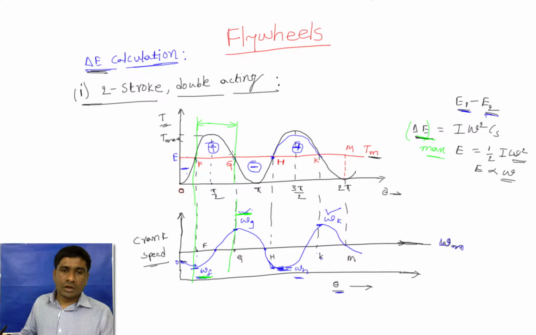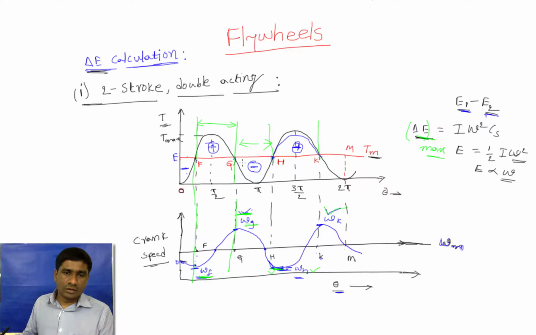Or if the minimum velocity is at point H, then we need to take the area between these. If this is the maximum and this is the minimum, then we need to take this one.